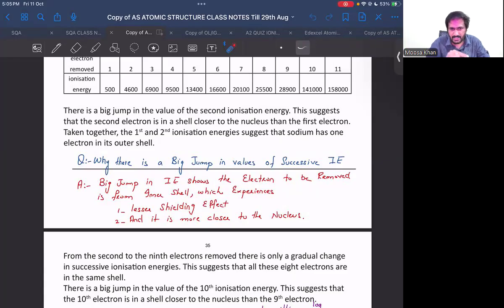So if you compare the ionization energy of the electron from the outer shell and the ionization energy of the electron from the inner shell, there would always be a big difference because the inner shell electrons are closer to the nucleus, and secondly, they experience a lesser shielding effect. So it requires a lot of energy to remove that electron.